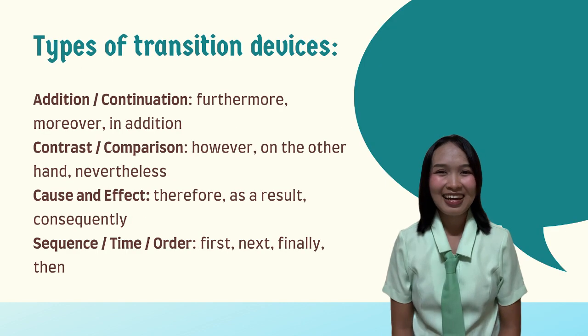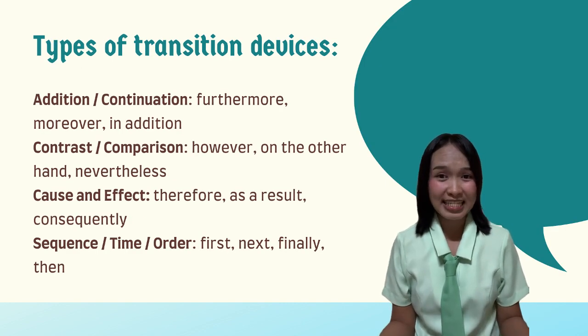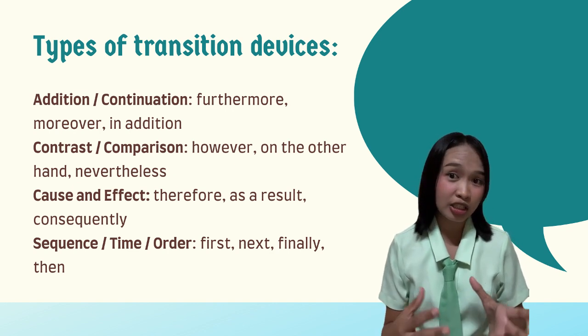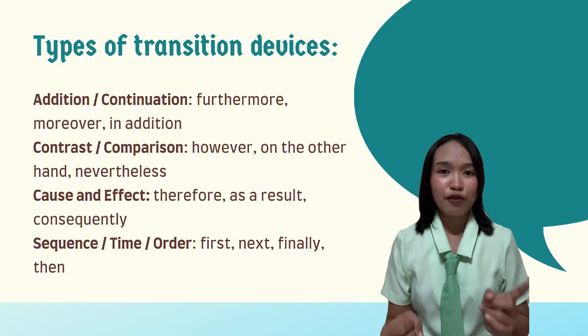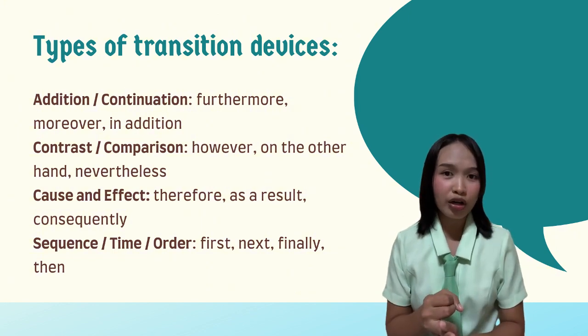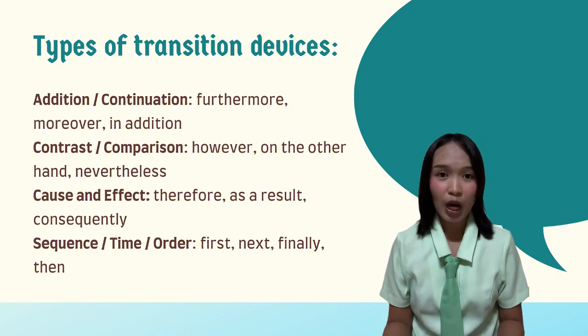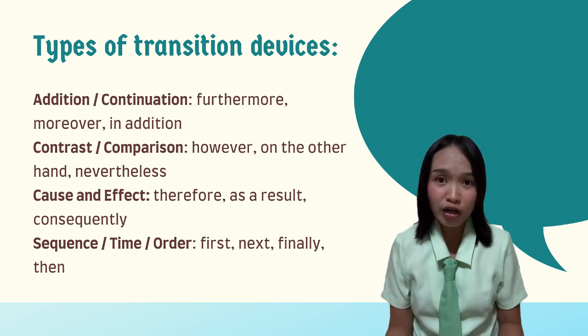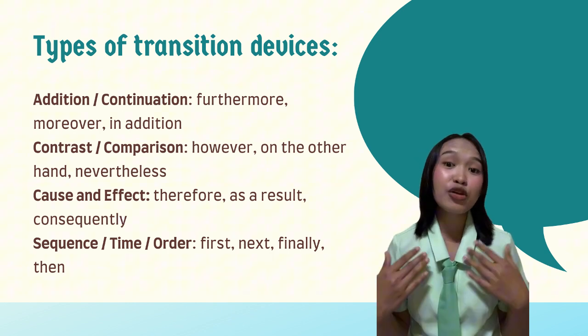There are types of transition devices, and the common types include addition and continuation, right? So we have furthermore, moreover, and in addition. For contrast or comparison, we have however, on the other hand, nevertheless.